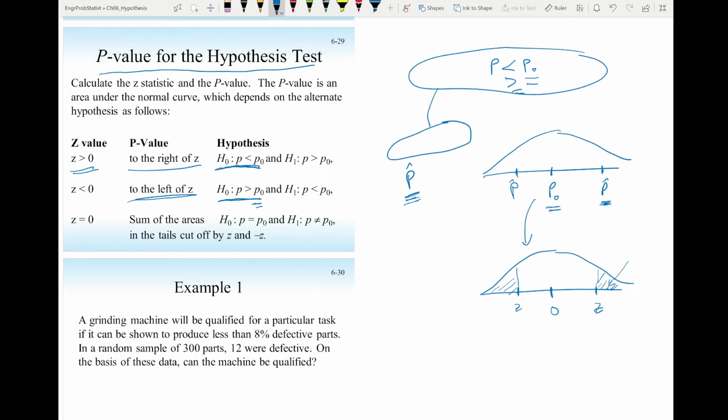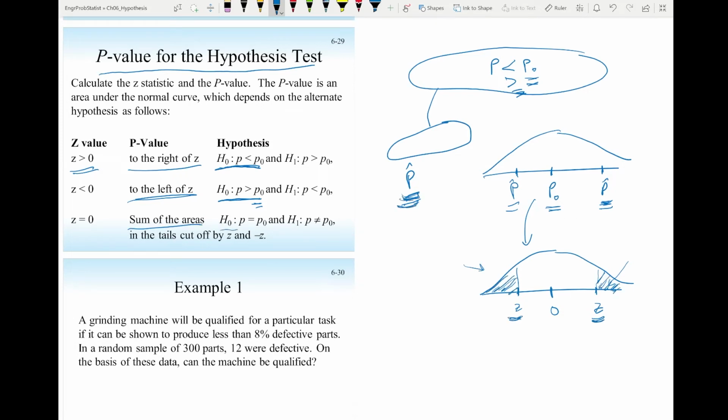The third possibility is if the claim is that the proportion equals exactly p0. So now these samples may come more than p0 or less than p0. So in the standard normal distribution, the z may come here or here. So then the p-value will be this area and this area.